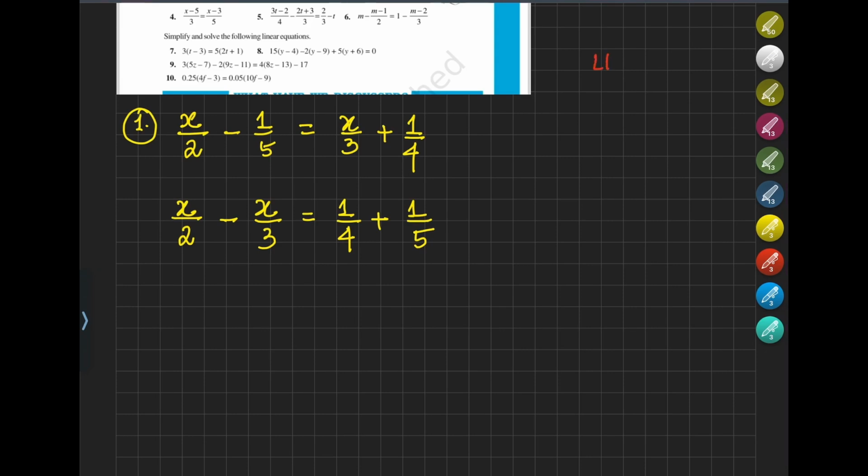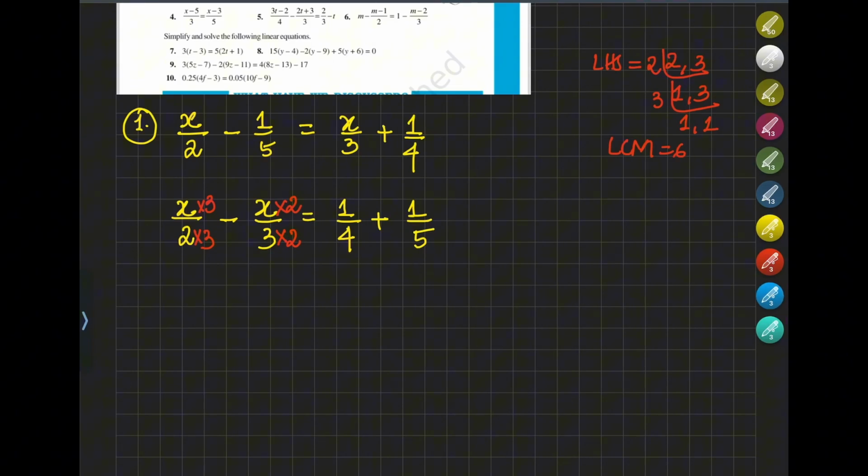So in the left hand side, the LCM of 2 and 3 is 6. So we need to make the denominator 6 by multiplying the fraction with 3 in the numerator as well as in the denominator. Here also, to make the denominator 6, I need to multiply the numerator and denominator with 2.